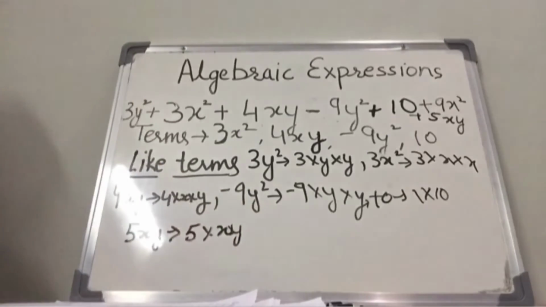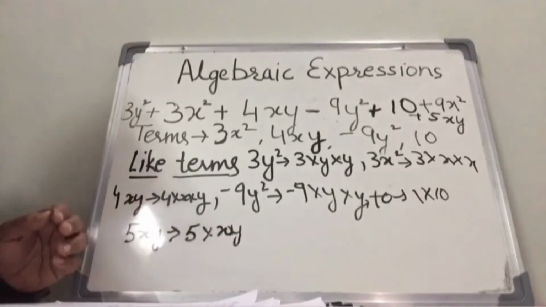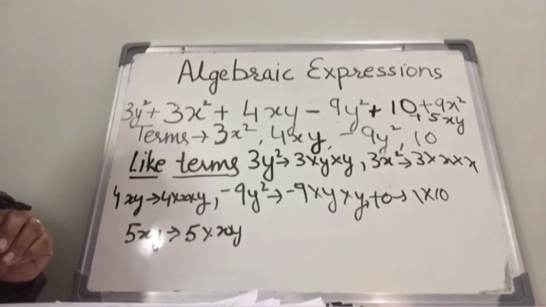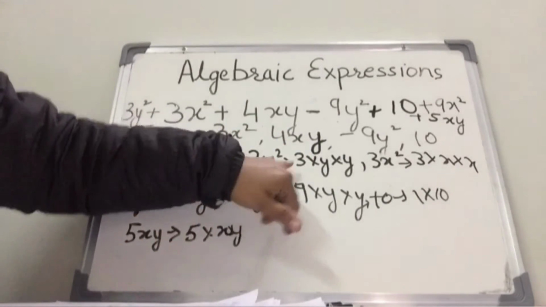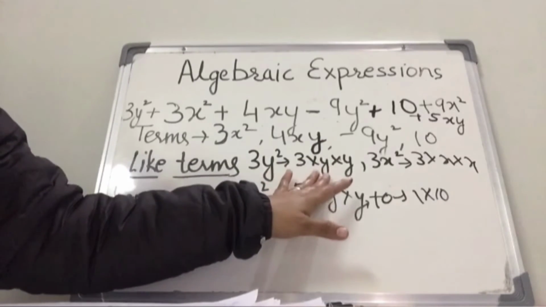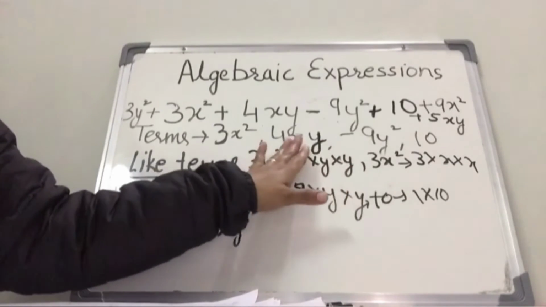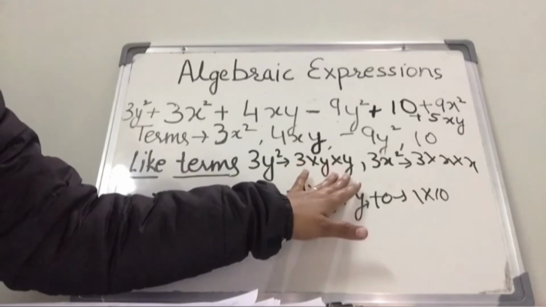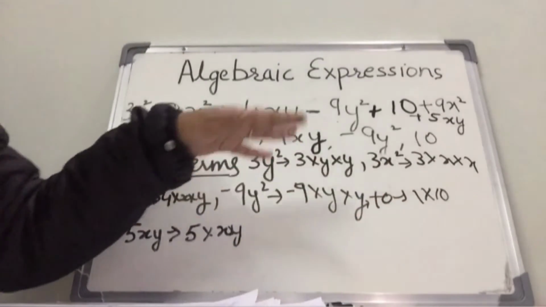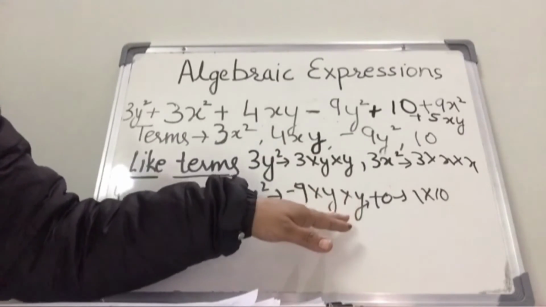So what are like terms? Like terms are those terms which have the same variable factors. We will not consider the numerical value. Suppose in this term 3y square, 3 and y are the factors, but we will not consider 3. We'll only take the 2 y's as a factor, that is y square, and we'll find the term which has the same variable factors.